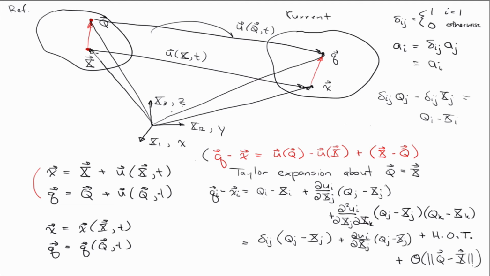Right? And so now you see I have a q_j minus x_j in both terms. So finally I'm going to pull this out and say (delta_ij plus u_i,j) times (q_j minus x_j) plus higher order terms.